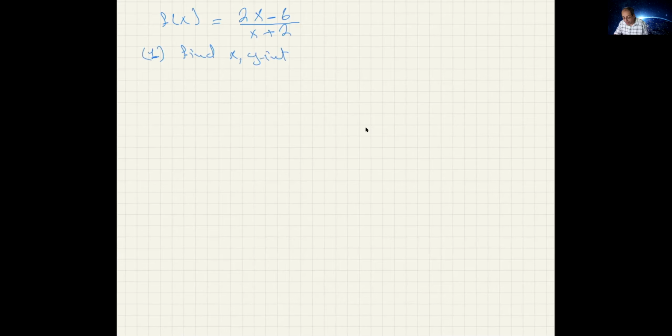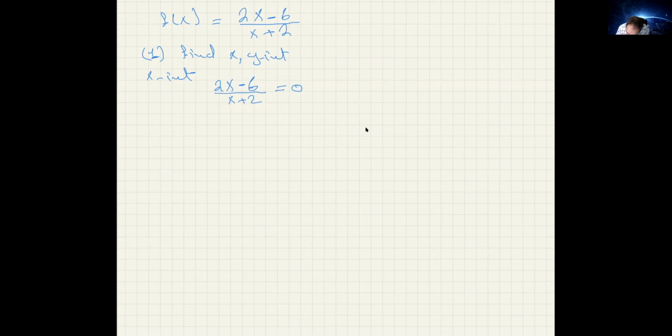Okay, for the x-intercept, set f of x to 0 and find the value of x. So let's write this down here. The x-intercept: 2x minus 6 over x plus 2 equals 0. So we multiply both sides by x plus 2.